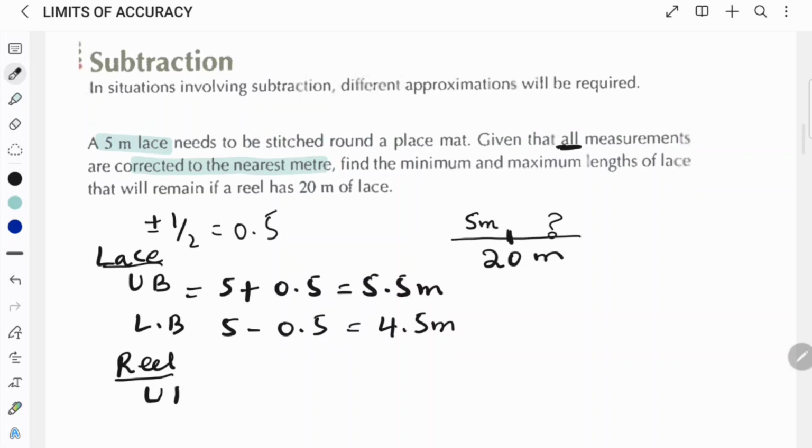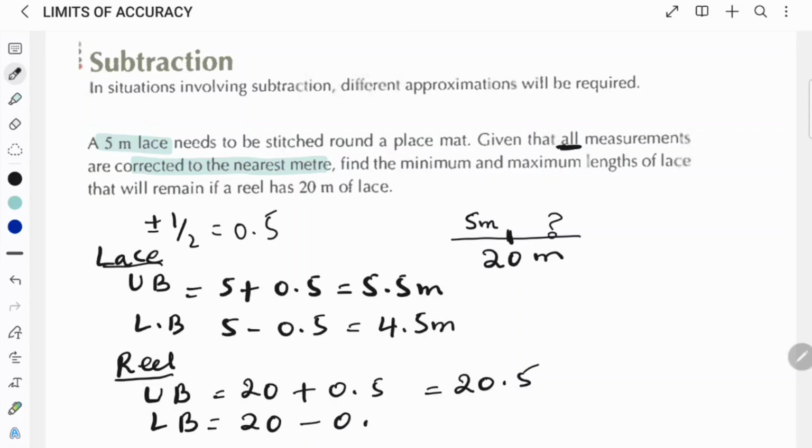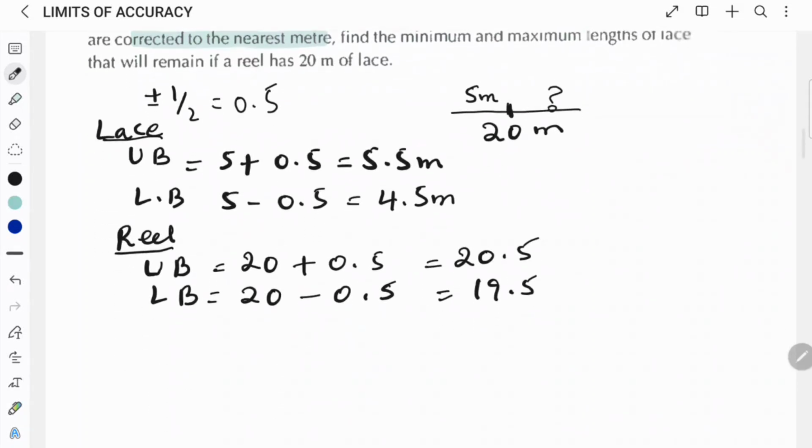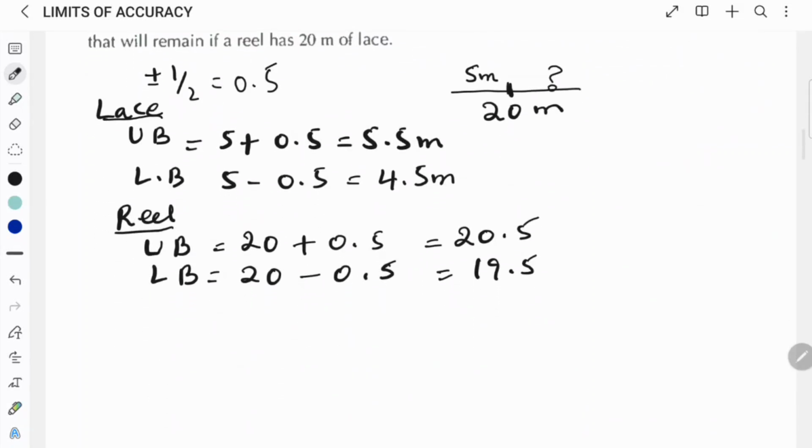So the upper bound is 20 plus 0.5, which is 20.5, and the lower bound is 20 minus 0.5, which is 19.5. Now you know how to find the upper and lower bound. Both are required, and the question is a subtraction question. So the upper bound for the first one, what do we do?